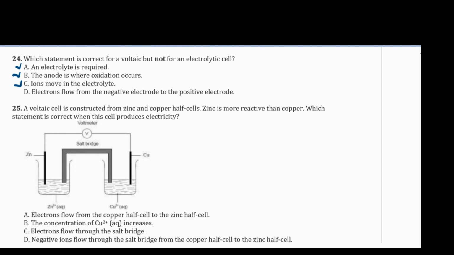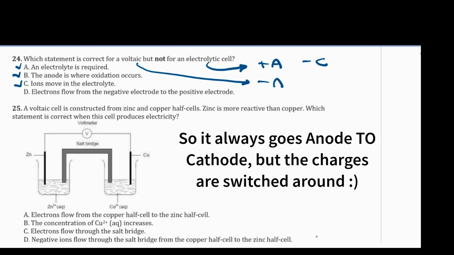So then it must be that electrons flow from the negative electrode to the positive electrode. Yes, so that's where they try to catch you out. Because in an electrolytic cell, we have positive anode, negative cathode. In a voltaic cell, we have negative anode, positive cathode.